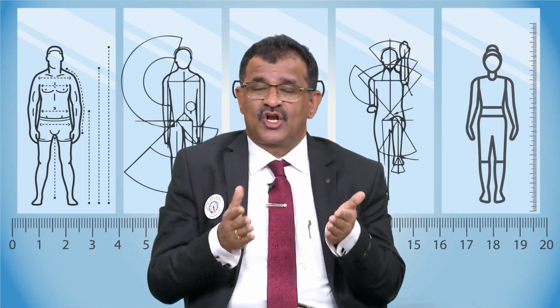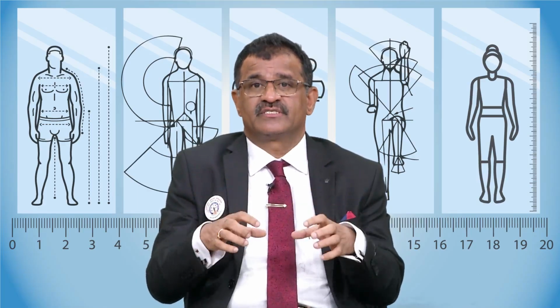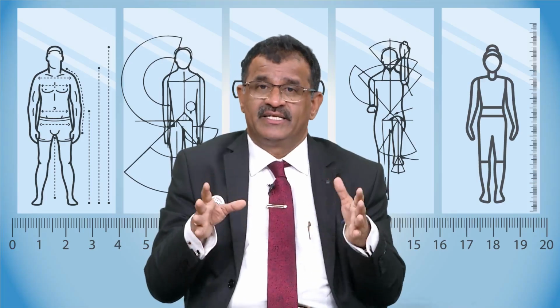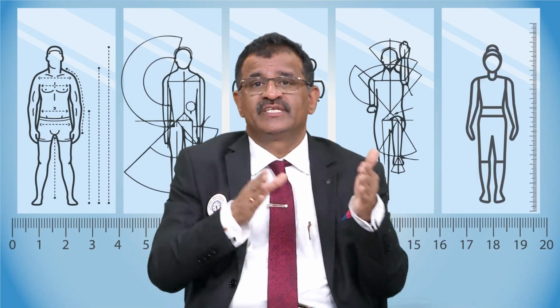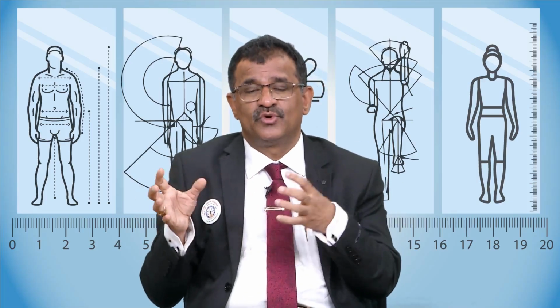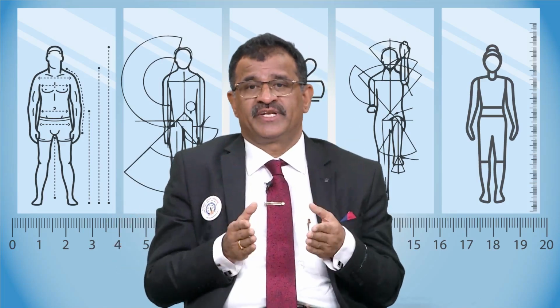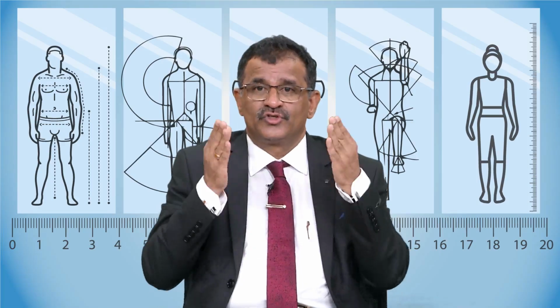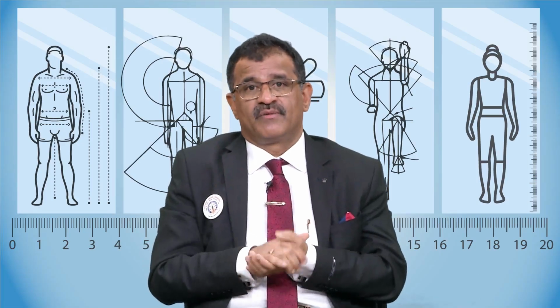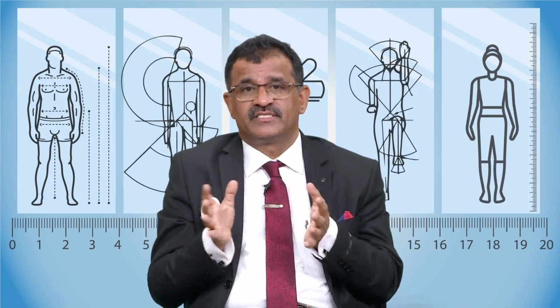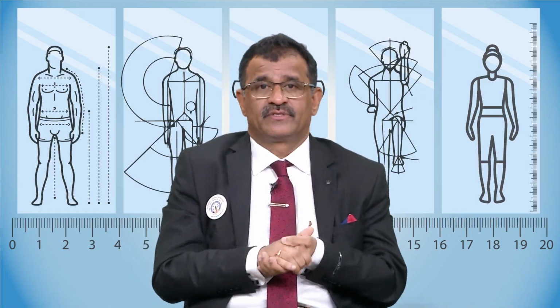So, anthropometric measurements are not only for our usages, as I said earlier, they are also used in industries, companies through ergonomics, and this anthropometric data is also used by government for making different policies and programs.